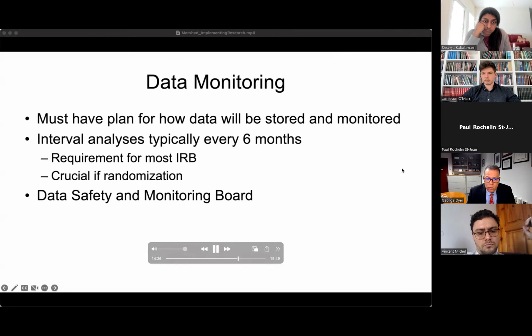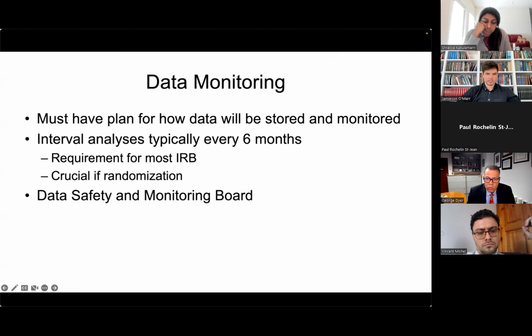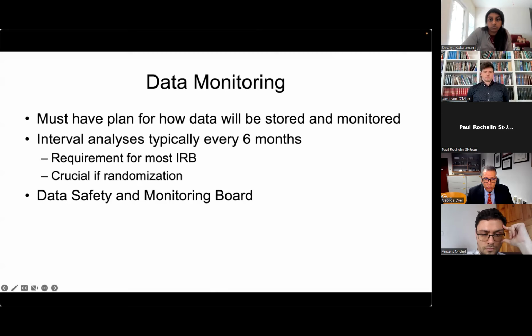This is an external body, not affiliated with the study. They provide oversight and a separate set of eyes to make sure that patient safety and adverse event reporting are being appropriately conducted, and that there may be certain stopping rules implemented a priori at the beginning of a trial that need to be monitored and checked for compliance over the course of the study.